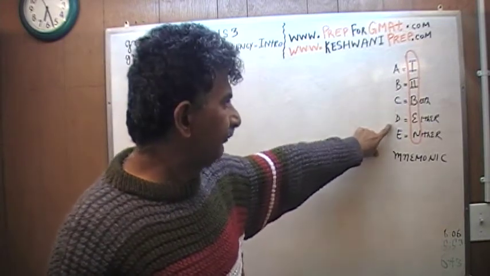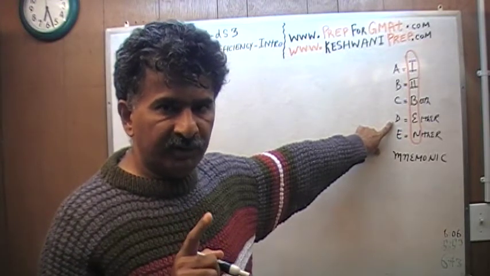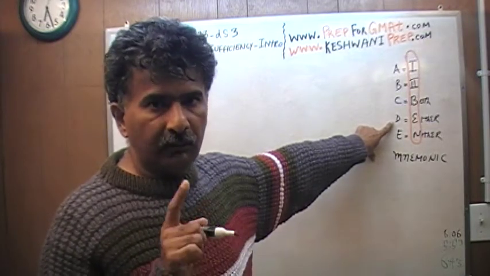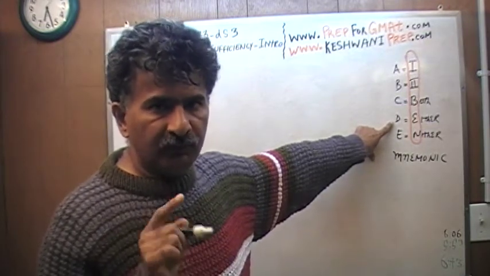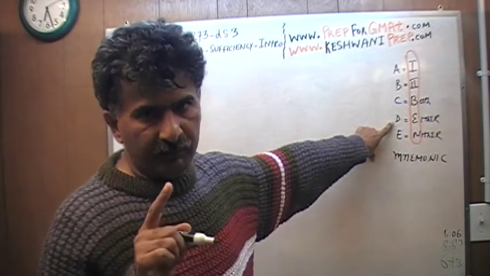That's what C means. D tells you that when you tried the first statement, you found that the first statement was enough to answer what was being asked. And when you tried the second statement, you also found that the second statement was enough to answer the question that was being asked.